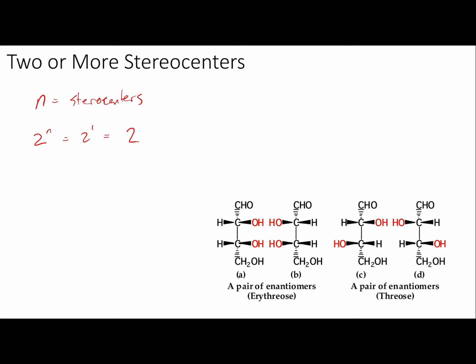That's how many possible isomers we have: 1 pair of enantiomers. Now, for a molecule with 2 stereocenters, a maximum of 2 to the 2, or 4 stereoisomers are possible, and with that we would get 2 pairs of enantiomers. So you can see here that this is a sugar that has 2 stereocenters. There's one here and one here.